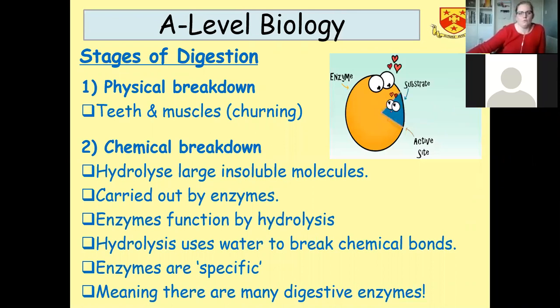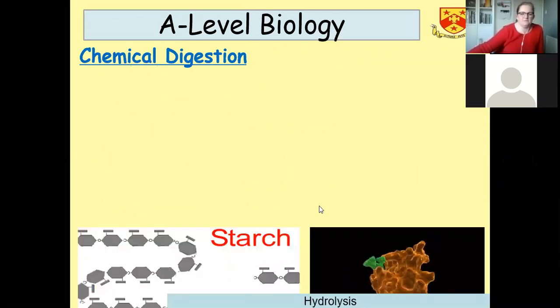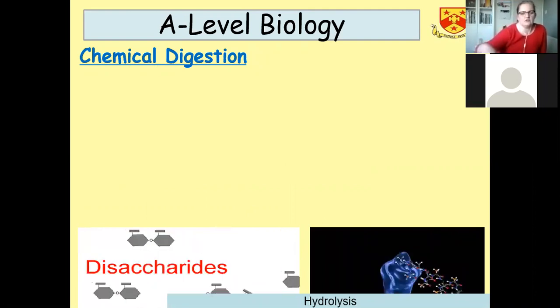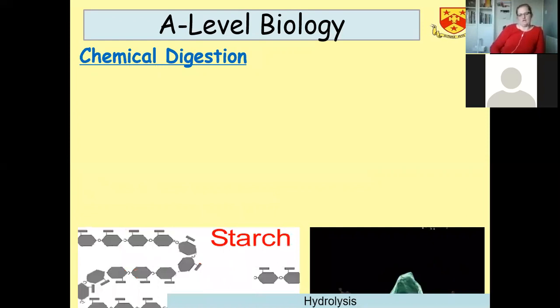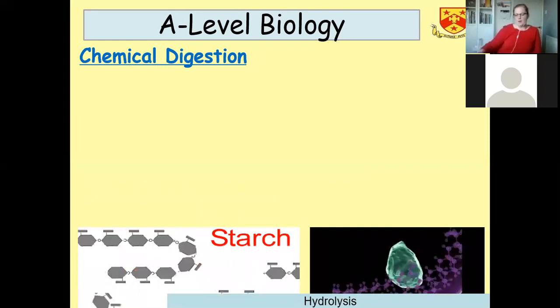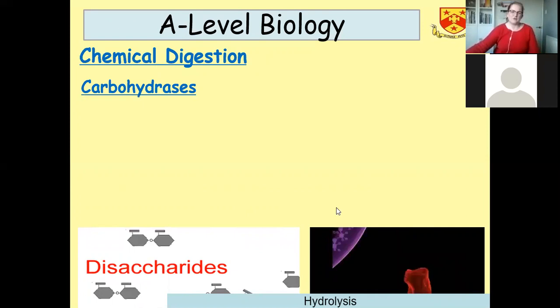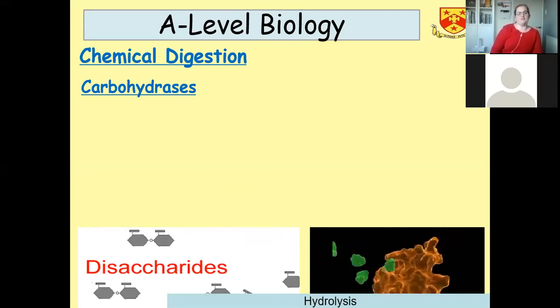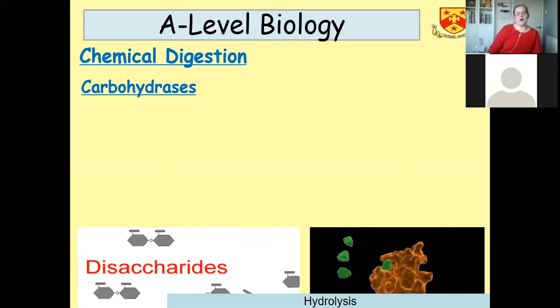and a few more. So there are stages of digestion. The physical one we don't really talk about too much. It's just obviously the chewing, the churning in the stomach. But then we have our chemical digestion, and this is the really interesting part. So in chemical digestion, we have carbohydrases. As you can probably guess from the name, these are enzymes that break down carbohydrates.